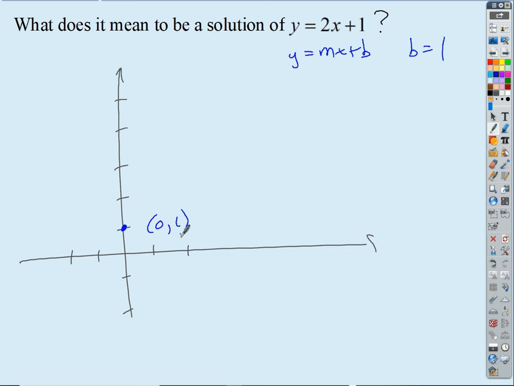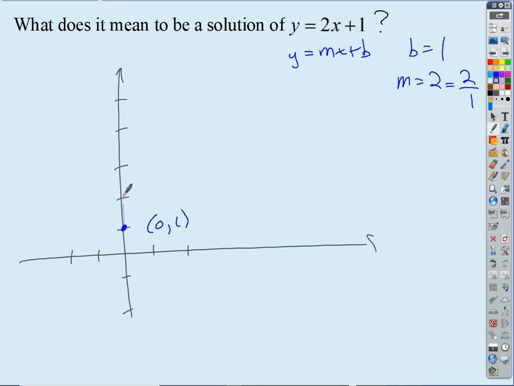Good. Now we need to find another point. How are we going to do that? Okay, good. We see that the slope here equals 2, which is the same thing as 2 over 1 if we think of it as a fraction. The slope is rise over run, right? So we can always use that to get to a second point.